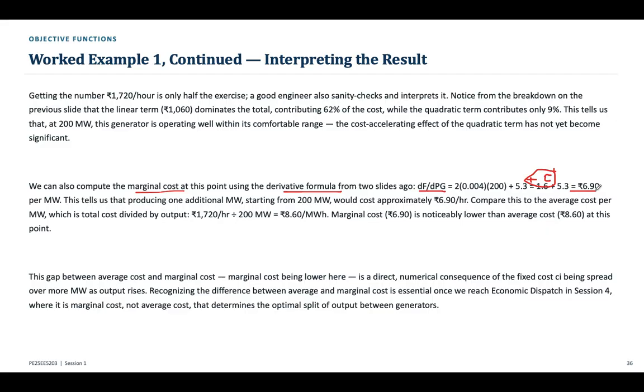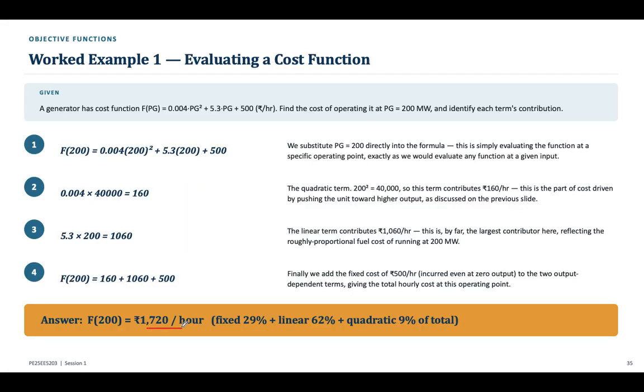This tells us that producing one additional megawatt, just one additional megawatt starting from 200 megawatt, would cost approximately 6.90 rupees per hour. Compare this to the average cost per megawatt: 1720 is your total cost for 200 megawatt of power.